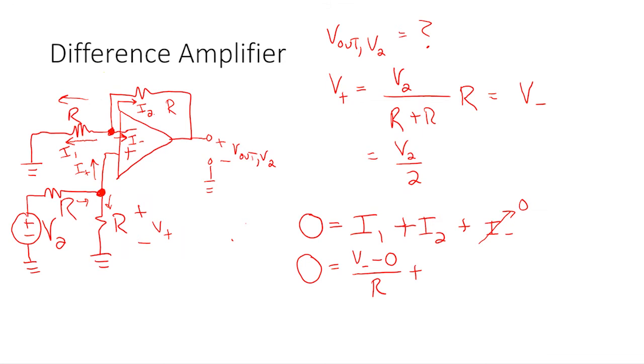What is I2? V minus minus V out 2, or V out over V2, as I was calling it. I thought V minus was entering the negative terminal of R for I1. I'm trying to write it the way a lot of you write this.